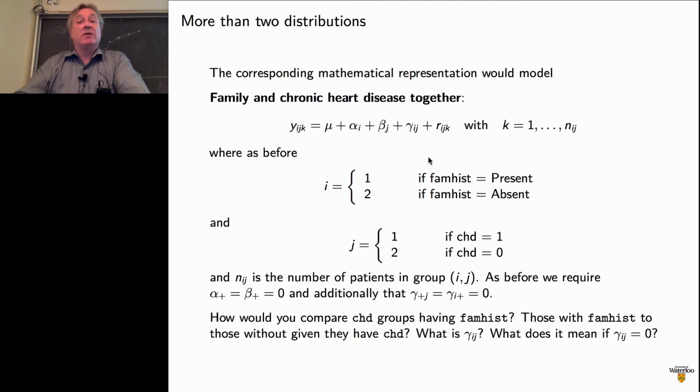Has everyone seen a model like this before? Good. Okay, so you have to think about what these various parameters mean, what they're trying to describe. And this kind of little more complicated model is exactly that set of box plots.